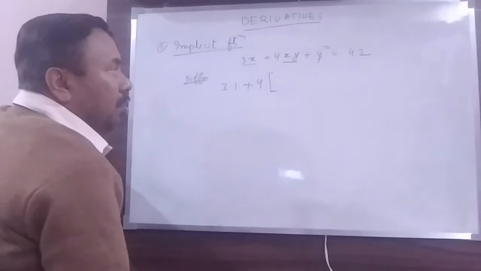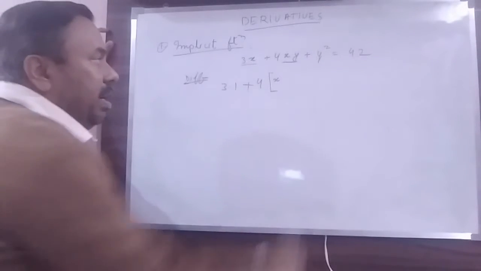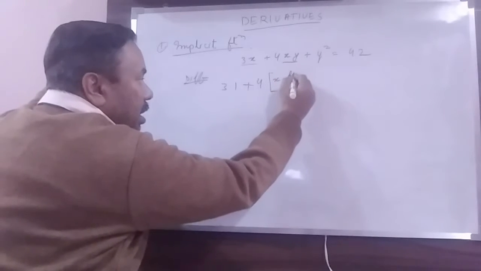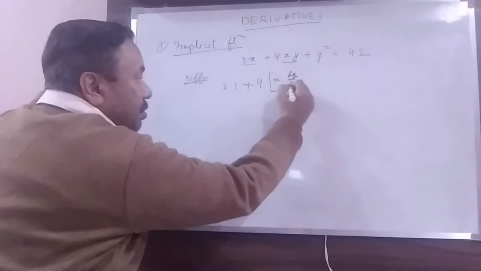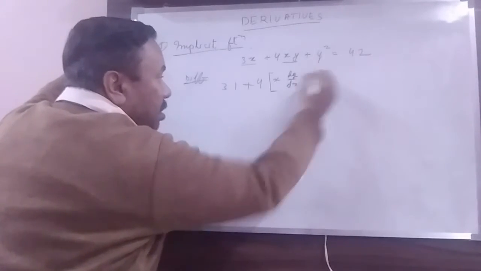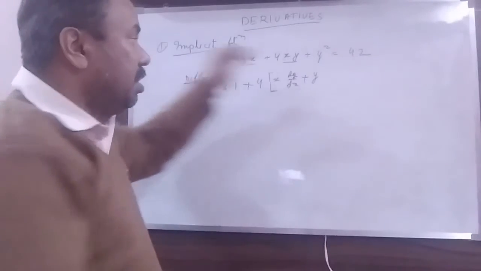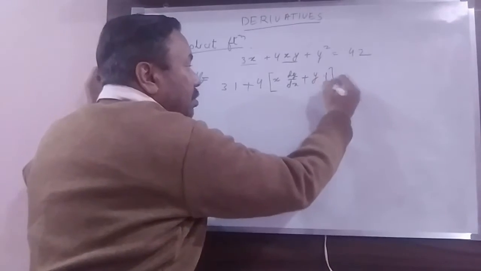The product rule is: first function multiplied by the differentiation of the second, that is dy by dx, plus the second function multiplied by the differentiation of the first, that is 1.